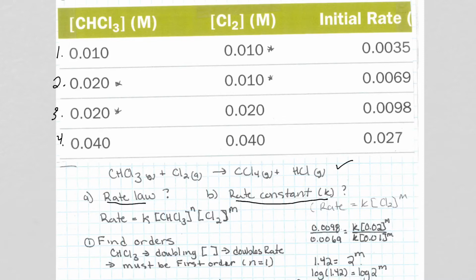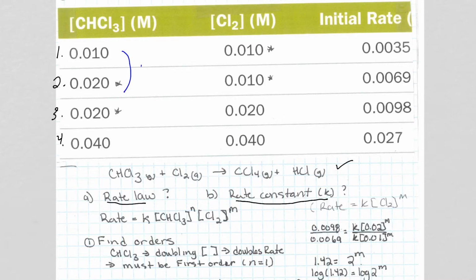So remember, the thing that we need to do is we need to pick two trials where we're only changing one concentration. And so, for example, if I pick trials 1 and 2, I can use that to determine the order with CHCl3 because I change this concentration, but I leave Cl2 alone, right? So this is constant.